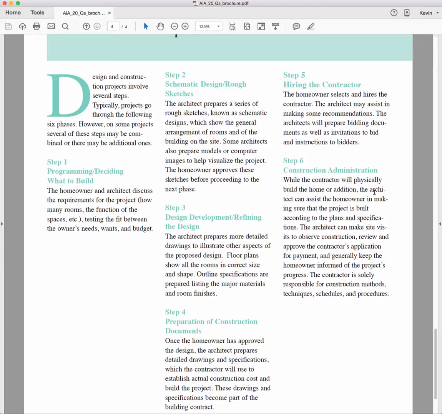So step two for the people in the building trade, schematic design, rough sketches. And here's where they start to really sketch out things that look like parts of the structure. Okay, they draw diagrams. They draw pictures of things.